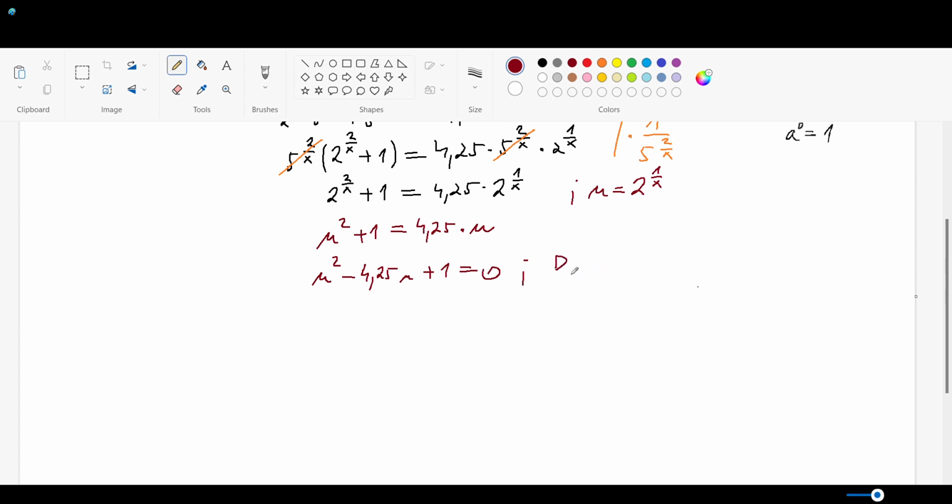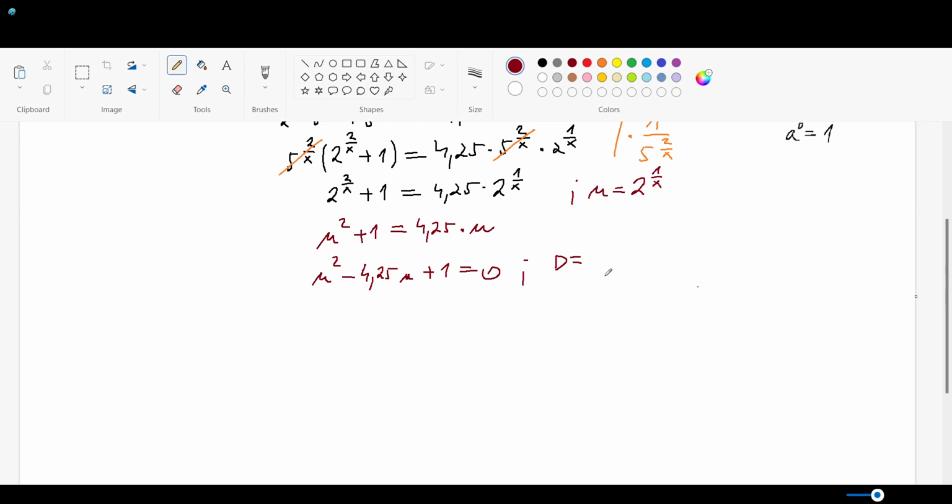To solve this equation, you simply use the quadratic formula method, and before you calculate u1 and u2, it's good manners to calculate the discriminant, because based on its value you can say if the equation has 0, 1 or 2 solutions.